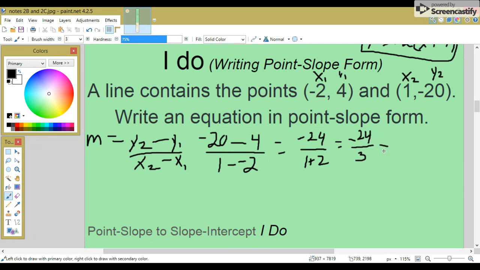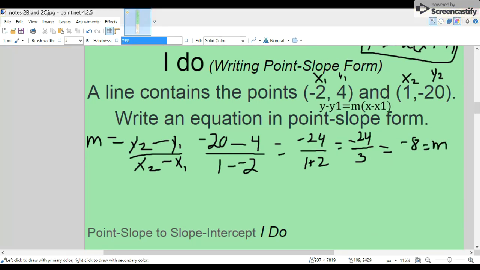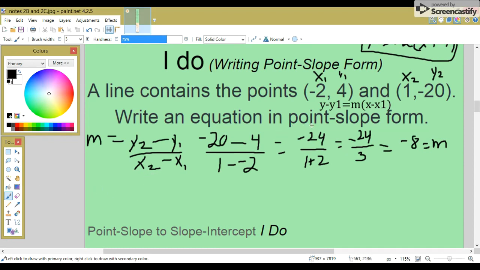That equals negative 8. Negative 8 is our slope, m. Let's plug it into the point-slope formula. Recall the formula y minus y1 equals m parentheses x minus x1. Plug in the numbers.